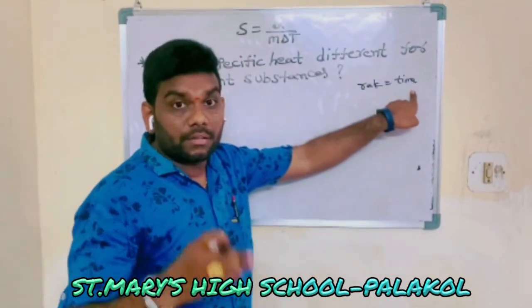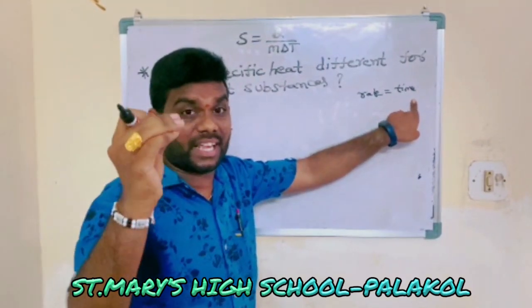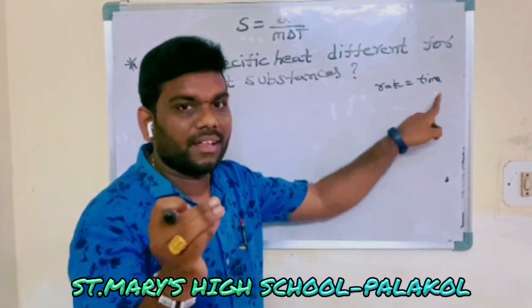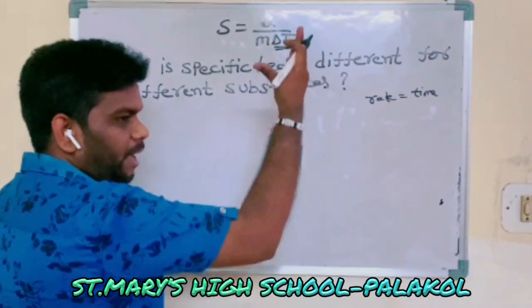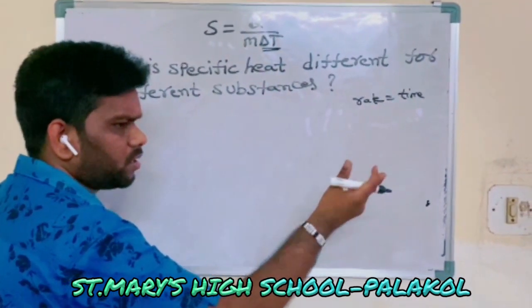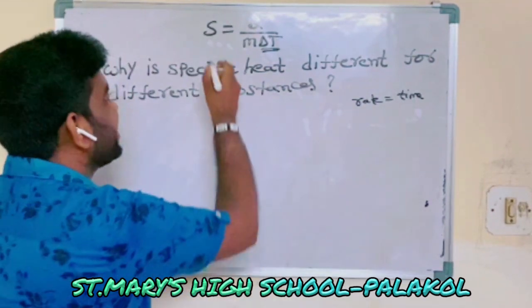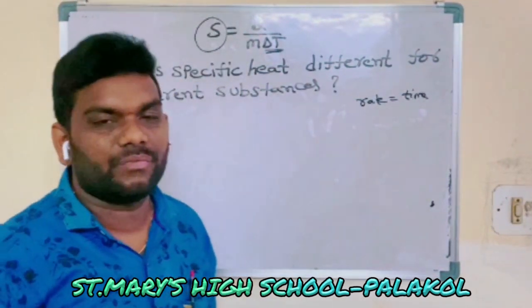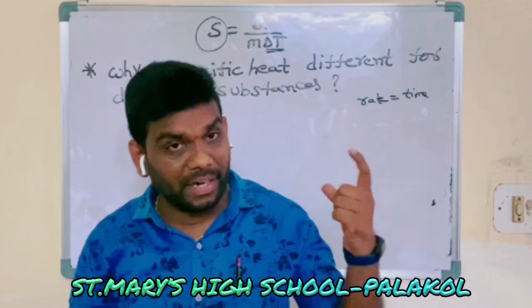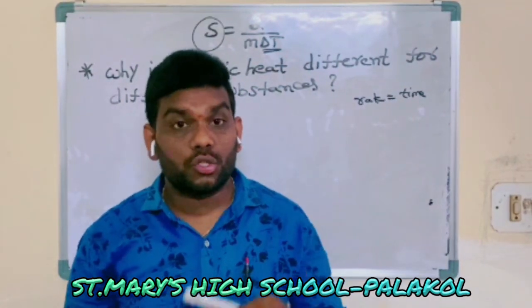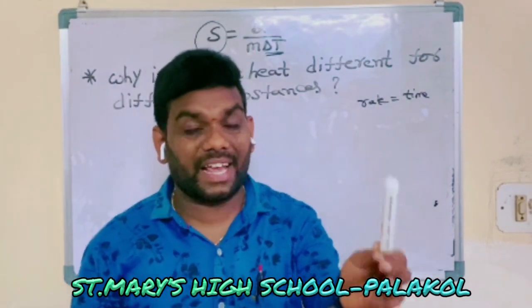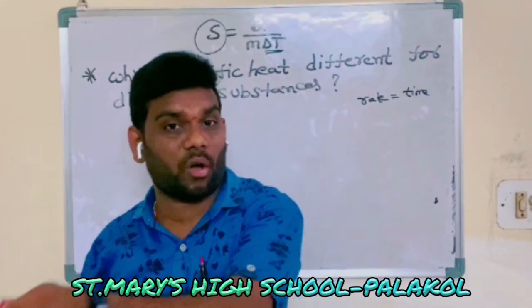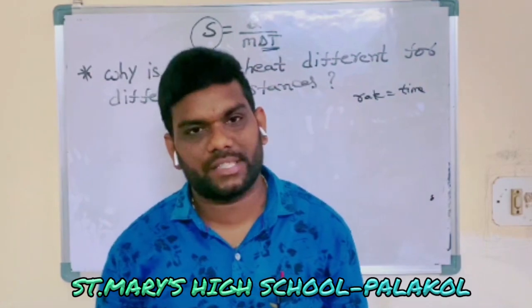Rate means time. The rate of rise in temperature depends on the nature of the substance. Automatically, specific heat also depends on the nature of the substance, because the rate of rise in temperature depends on the nature of the substance.